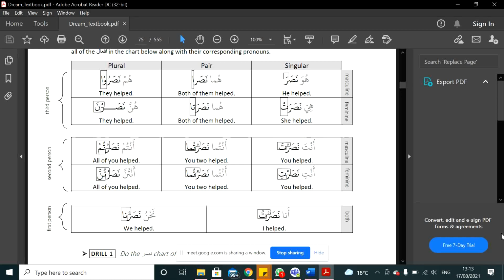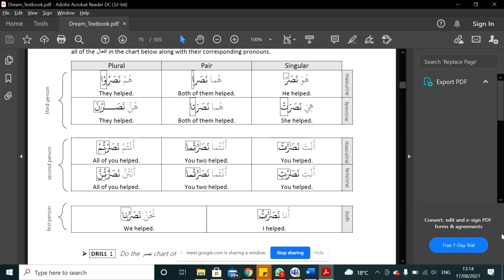Okay. Since you have seen when we're doing ism, we talk about the shadda, kasra, and fatha. There was no sukoon in asma, right? So now you see in af'al you are finding a sukoon on the letters, right? Like the first sukoon you find is in nasaru, wow has a sukoon on top of it. Nasarat, ta has a sukoon on it.